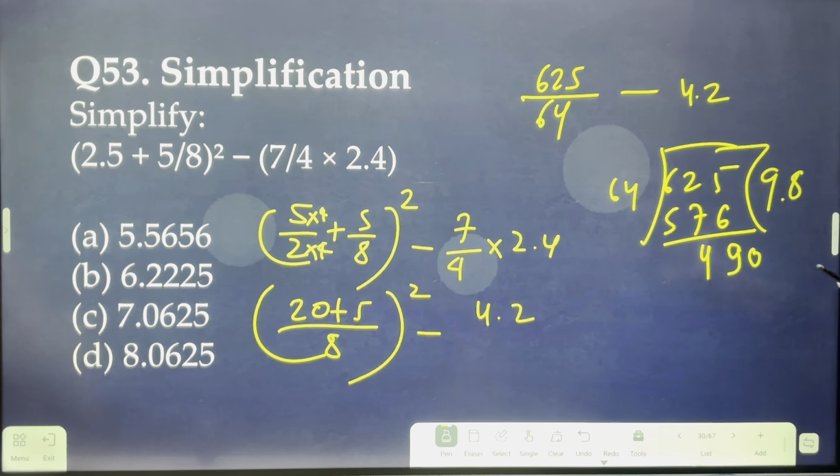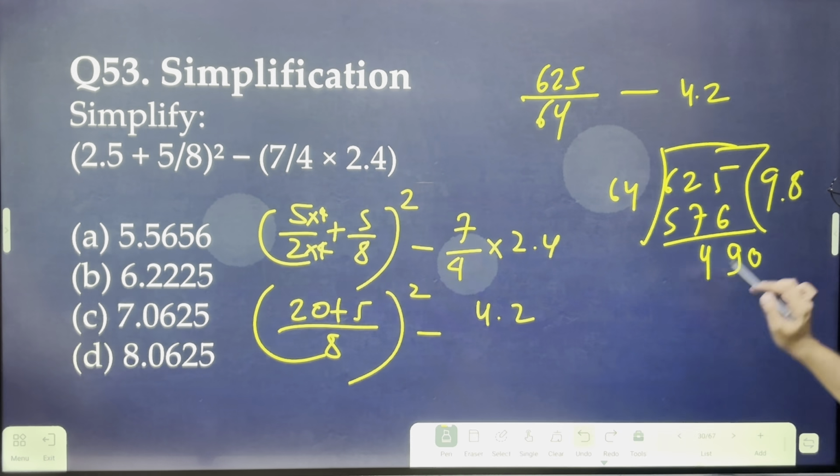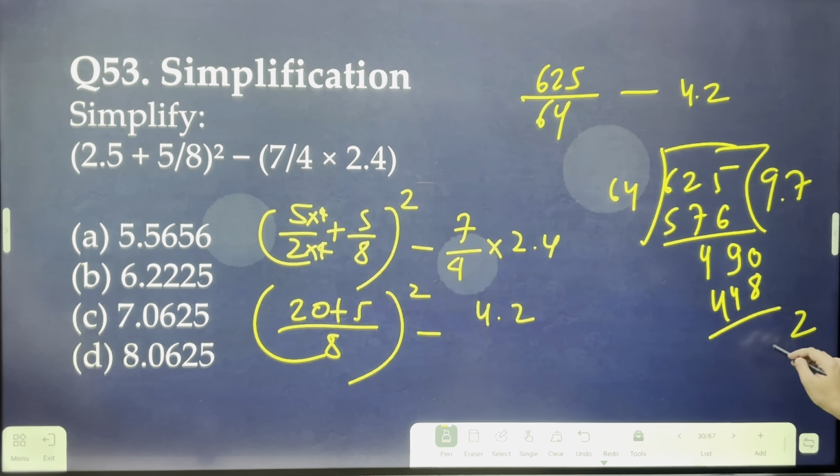Can we take 8 times? 8 fours are 32, 8 sixes, no, 7 times. We can take this 7 times. So 7 fours are 28, 2 carry, 7 sixes are 42 plus 2, 44. If we minus, 0 minus 8 is 2, 8 minus 8, 4, 42 becomes 420. If we minus, we can take 6 times.